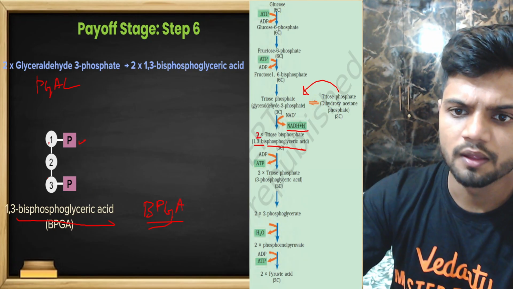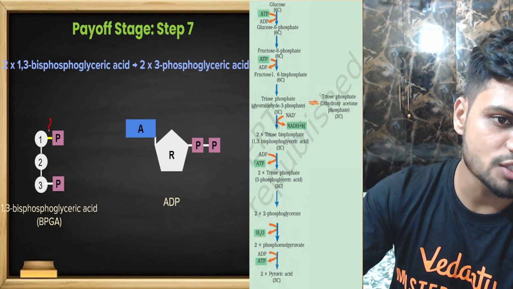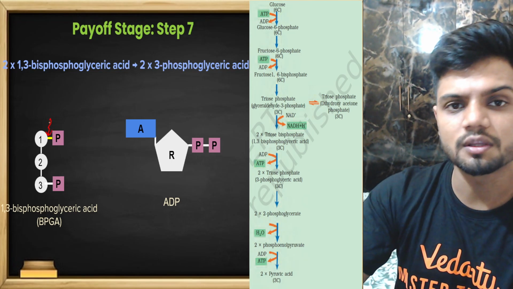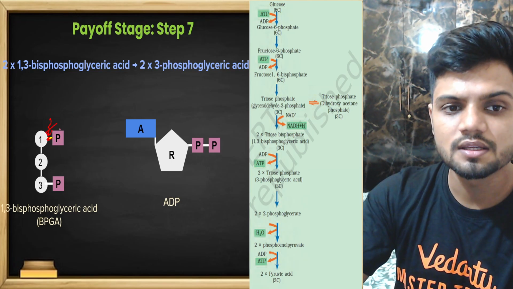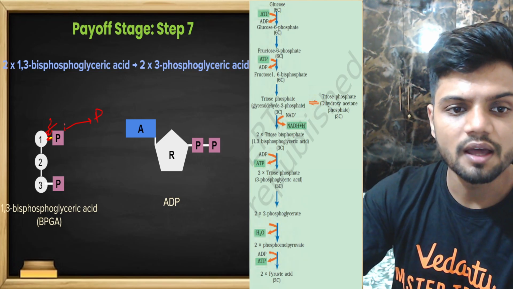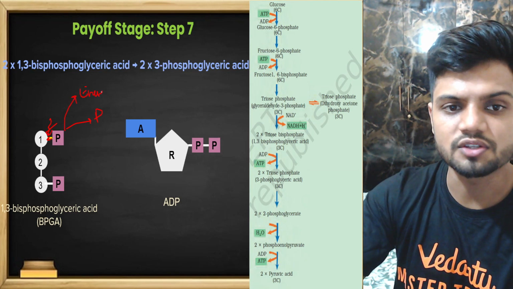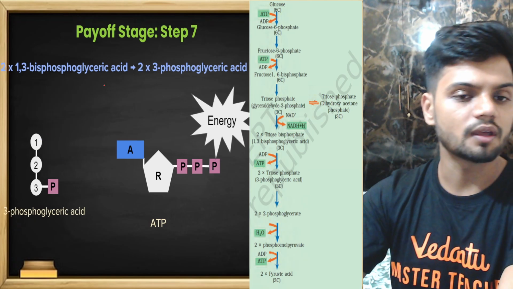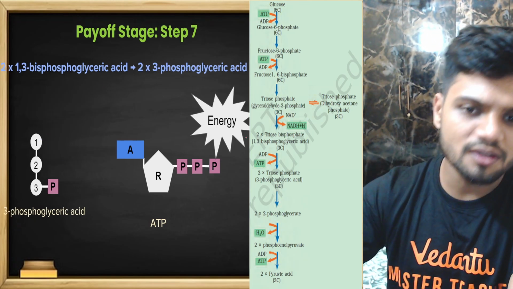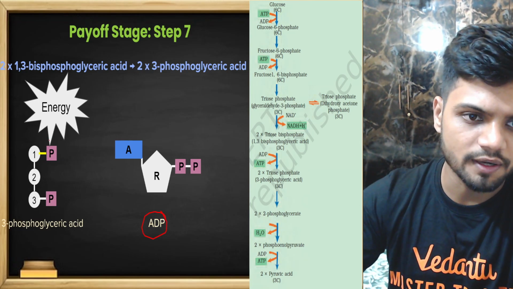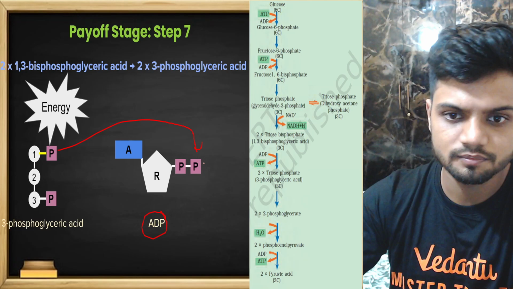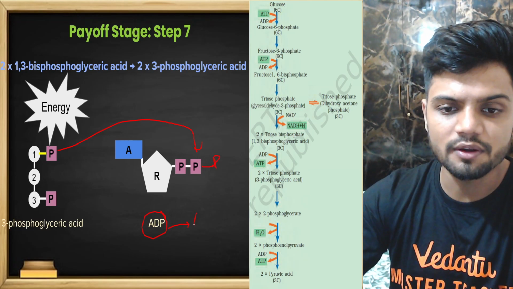Now, students, energy is stored in the bond. What if this bond is unstable and it breaks and this phosphate is released? Energy can be released. Yes, that is what is happening. This energy is used to take one ADP and this phosphate is added here. So ADP is getting converted to ATP.